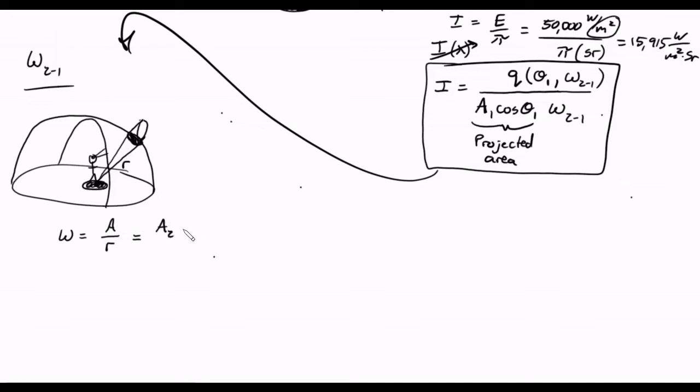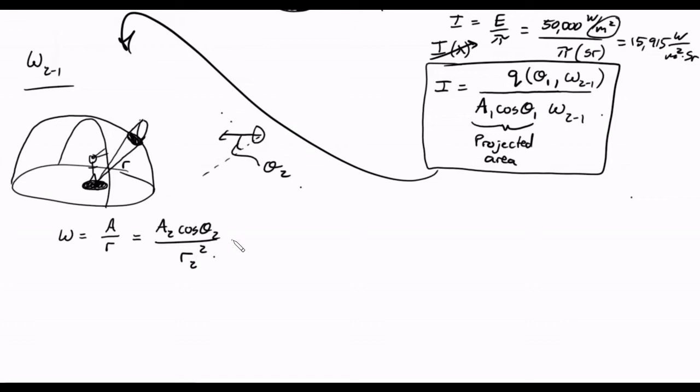That would be A2 times cosine of theta 2, because you remember here was our surface and the normal to the surface, and then this was theta 2 right here. So we're projecting this circle along this direction to get more of an oblong circle on the surface of the hemisphere. And we're going to divide that by the distance, which we'll call R2 squared, between the bottom emitting surface and the absorbing surface.